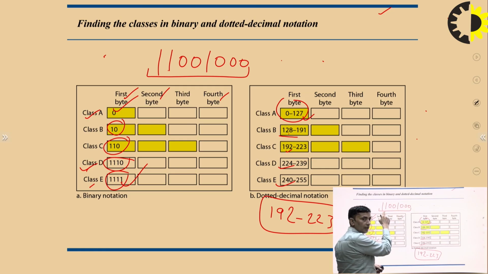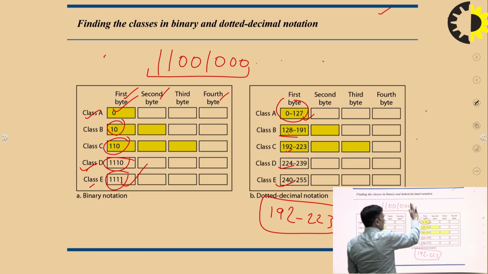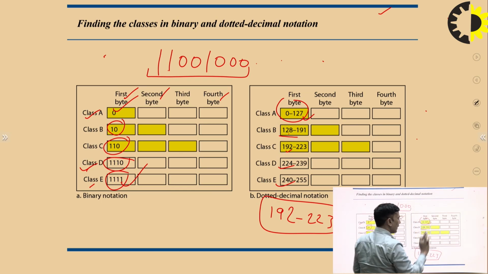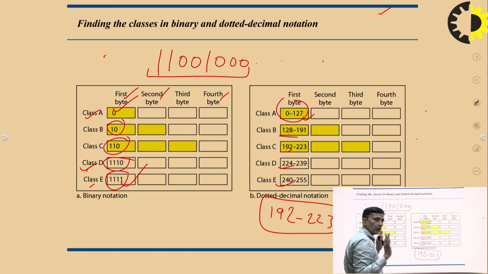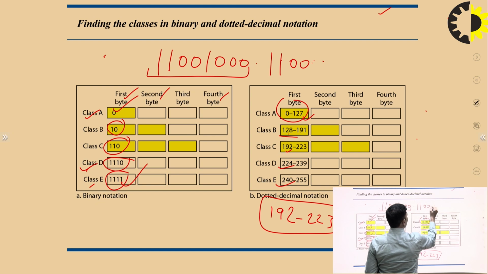This is the first byte, then a dot, then the second byte. We don't care about the second, third and fourth bytes. If we have to identify the class of the IP address, we don't care about the second, third and fourth bytes. We have to focus only on the first byte. Suppose any value is given there, no problem.